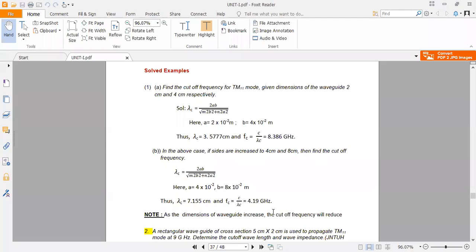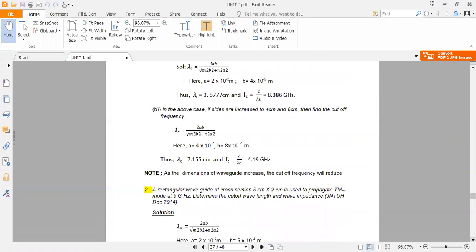Understood how to do the problem? TM11, TM10, TE10, those suffixes represent the m and n values. Suppose for TE10, you take m is equal to 1, n is equal to 0. So we'll see another problem. Is it understood, the problem which we solved now?